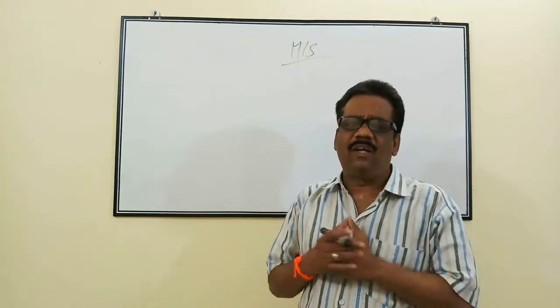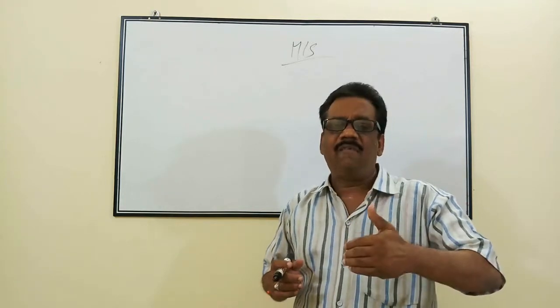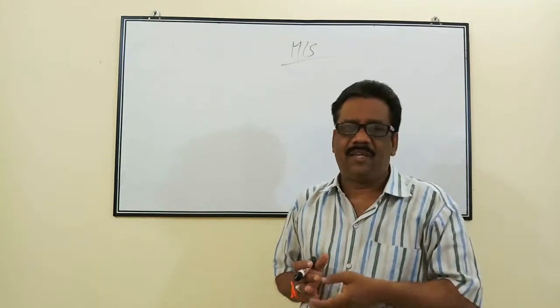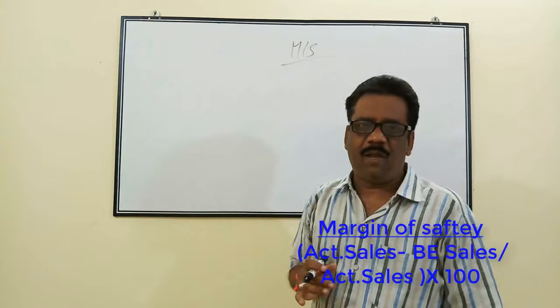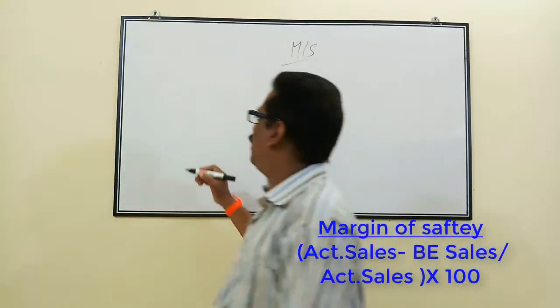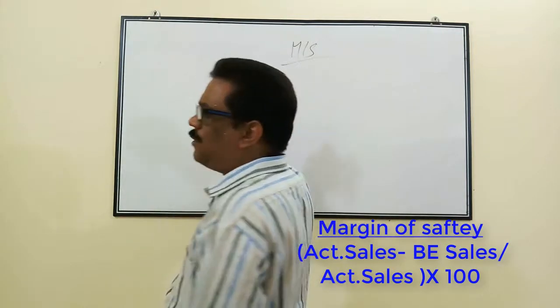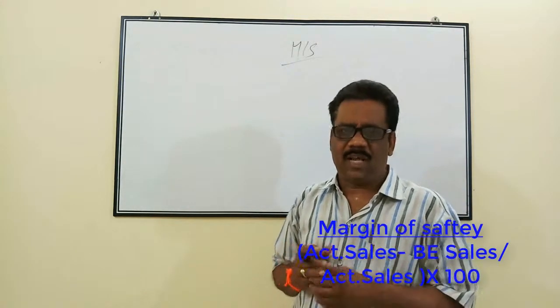Whenever the sales are coming down, naturally there will be a fear among the businessmen about how far they are safe. To identify such a safety position, the margin of safety is estimated at different levels of sales.